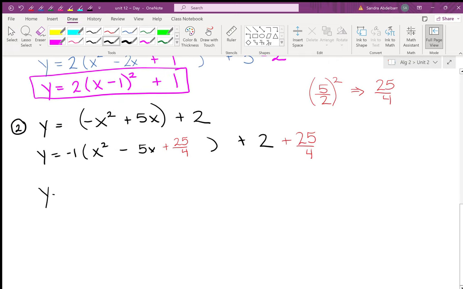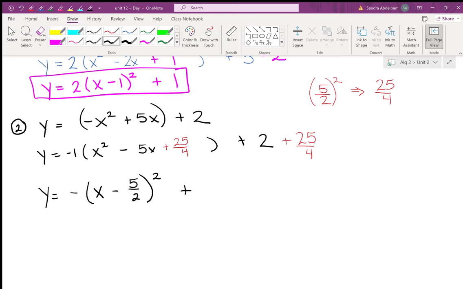Okay, so here we're going to have y is equal to the negation, and now I'm going to factor this. Guys, just so you know, when you come to factor a perfect square trinomial, all you're really doing is just taking the square root of that last term. So it's going to be x minus the square root of 25 over 4. Isn't that 5/2?